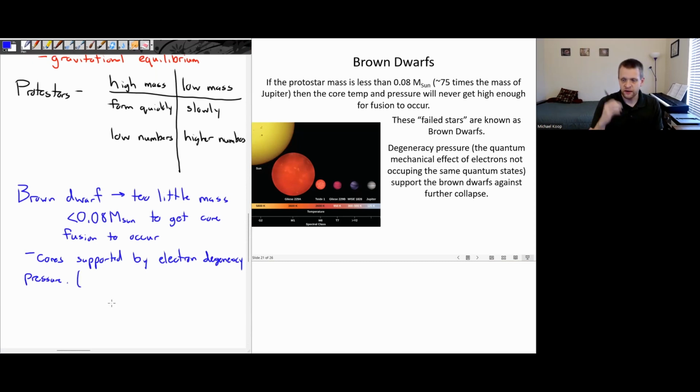Which is basically the electrons in this object don't want to be in the same quantum state. And this effect produces an outward pressure.